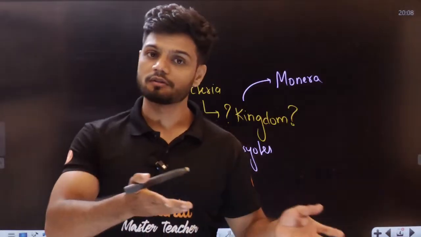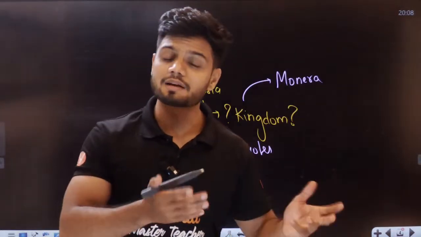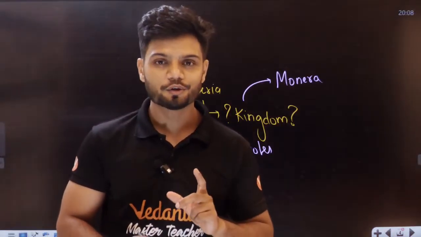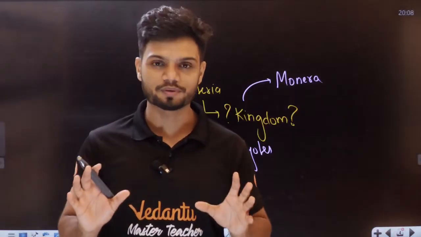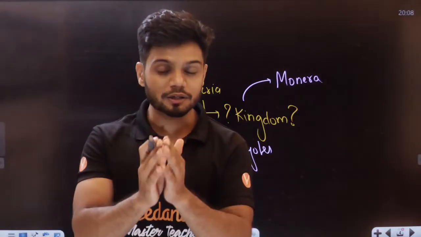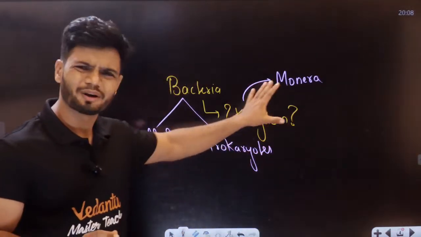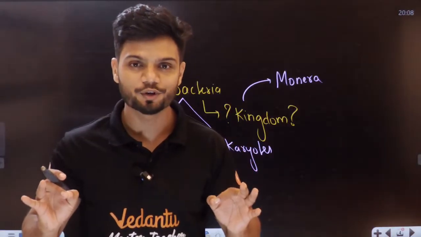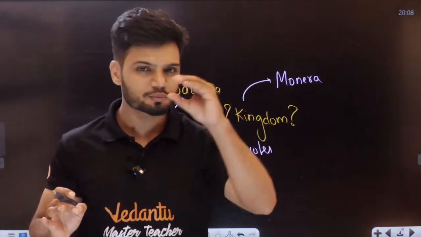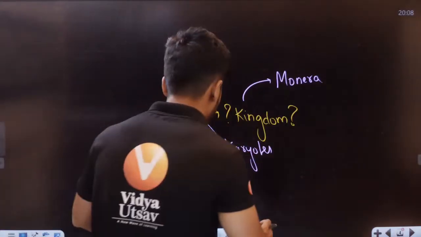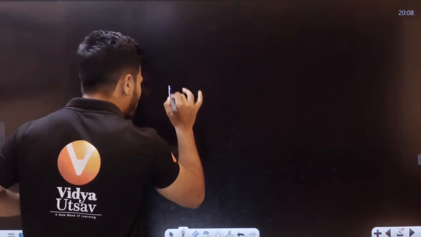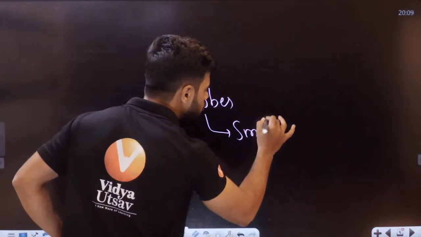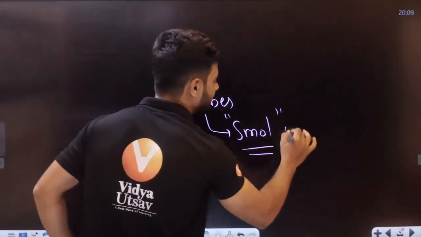Then prions are also microbes. Viroids are microbes. There are microscopic plants. There are microscopic animals. So students, when I say microbes, I am not talking about any particular kingdom. Yes, the famous one is Monera only. But when I say microbes, I mean small organisms.